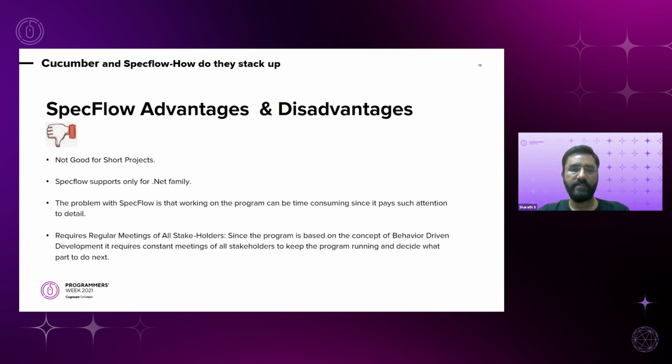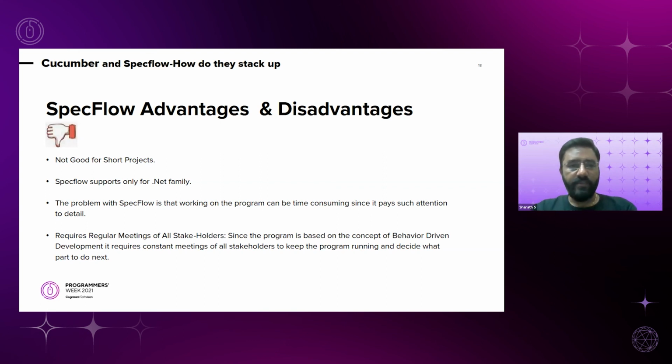We have this as a NuGet package within Visual Studio, so one has to be quite familiar with C Sharp. But when it comes to Cucumber, it has its own options. It could be C Sharp .NET, Java, or Ruby. Again, similar to Cucumber, it involves different stakeholders in meetings for regular discussion.